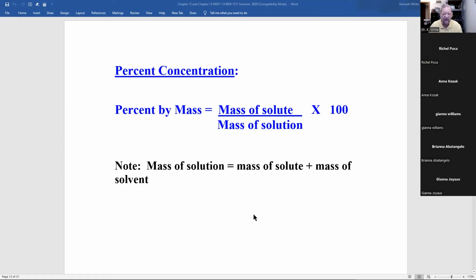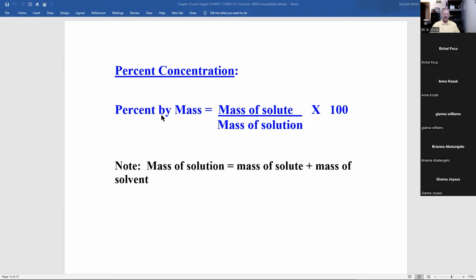Now, there are different types of concentration. The first one is percent concentration by mass. Percent concentration by mass is the mass of the solute divided by the mass of the solution times 100.